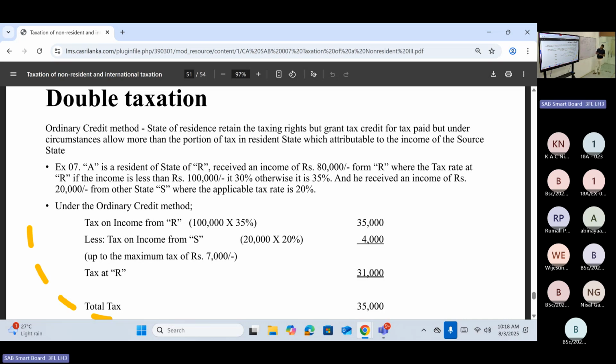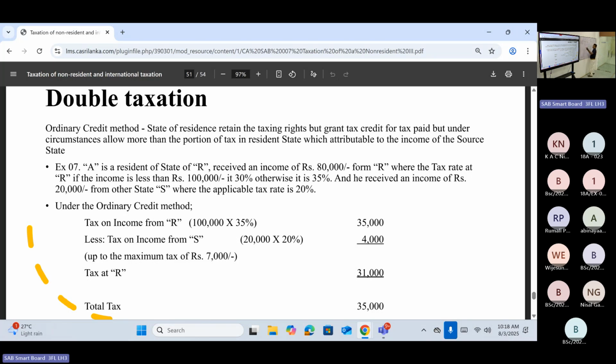He can claim maximum credit up to 35%, but he has already paid 4,000 at 20%. Therefore, that 4,000 he can claim. The maximum rate he can claim up to is this level. This is the limitation, but actually he has paid only this level.